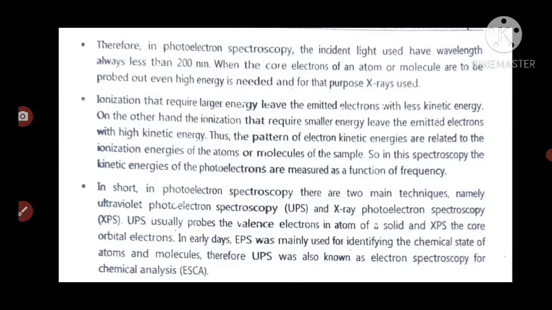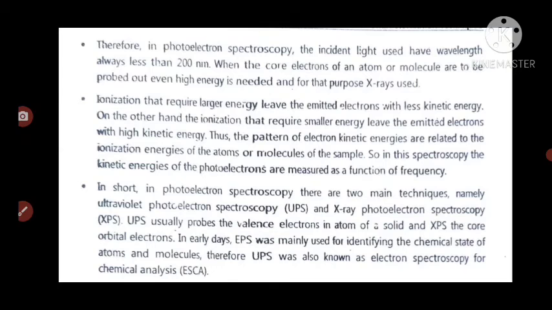The core electrons of an atom or molecule are to be probed, and the high energy needed for this requires the use of X-rays. That means in this spectroscopy, the wavelength range is less than 200 nanometers, and the ionization energy requires higher or larger energy, leaving the emitted electrons with less kinetic energy.